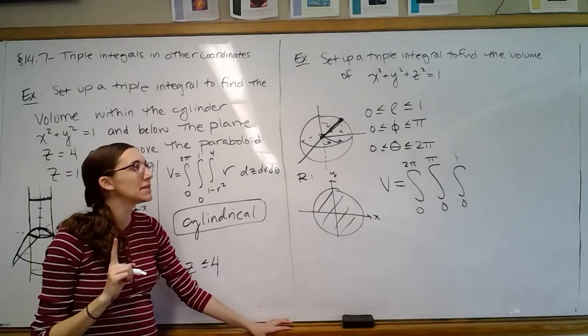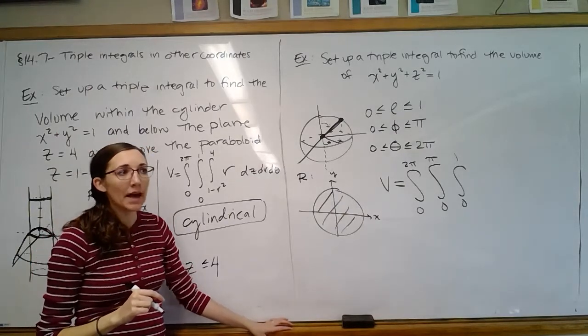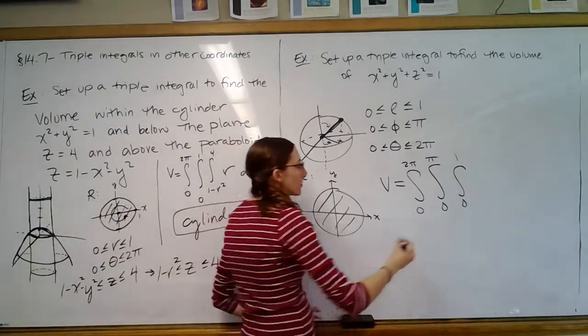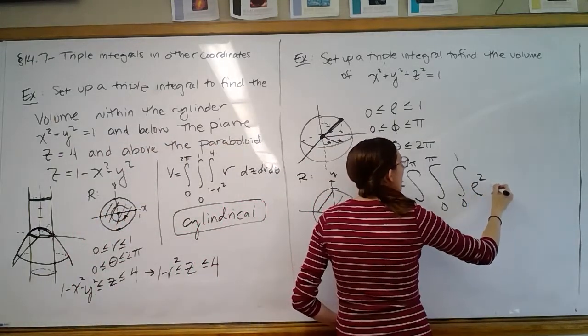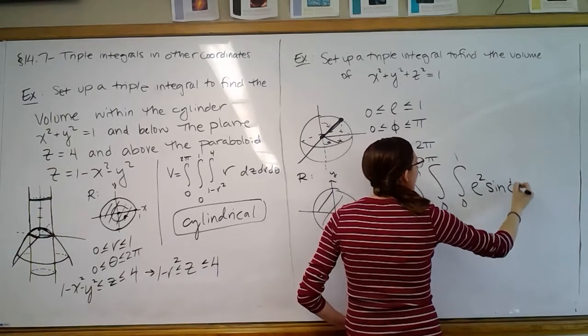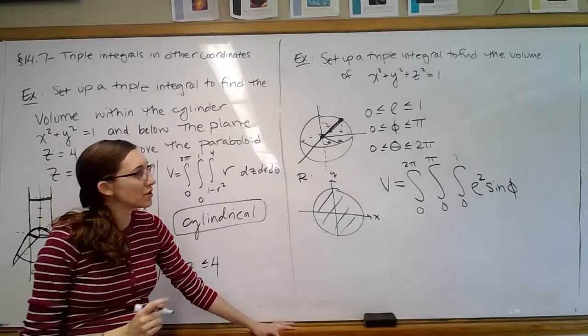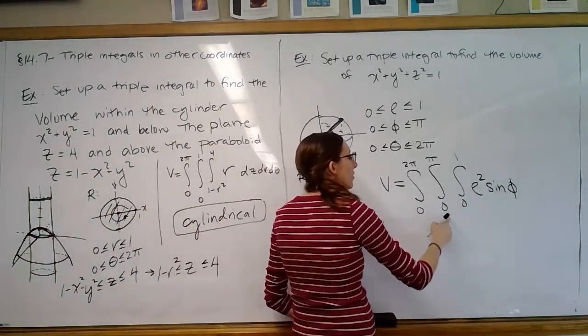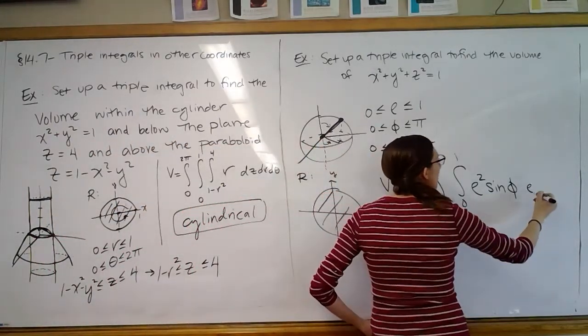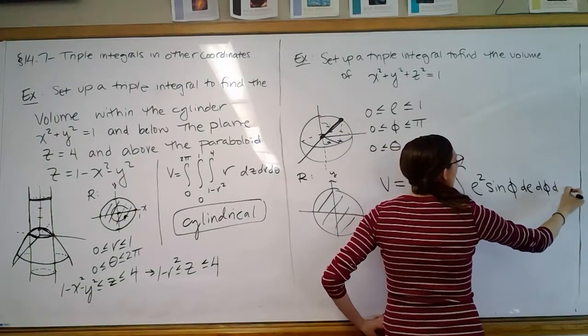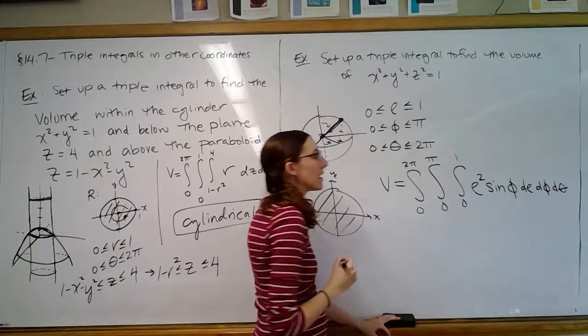Because it's spherical coordinates, we need that factor for spherical coordinates, which was rho squared sine phi. And then we just need these to go in the correct order: d rho, then d phi, then d theta.